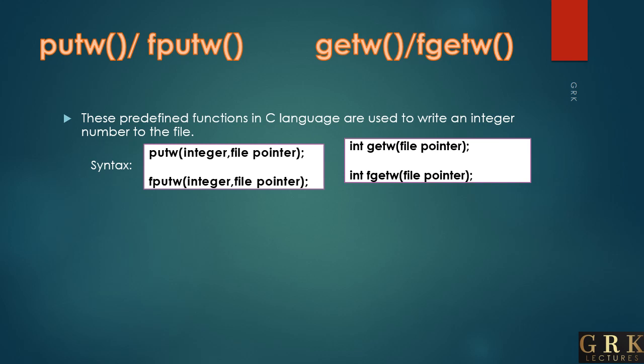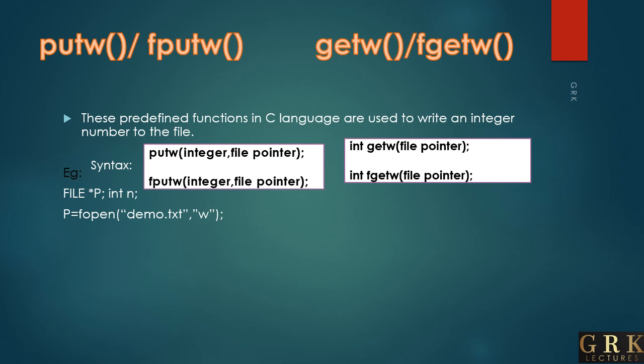Now let us discuss these putw and getw functions with an example. First in the program, one file pointer is declared, the pointer name is p, and one integer variable n. Now I am trying to open the file demo.txt in write mode, because initially I want to write some integer values into the file.